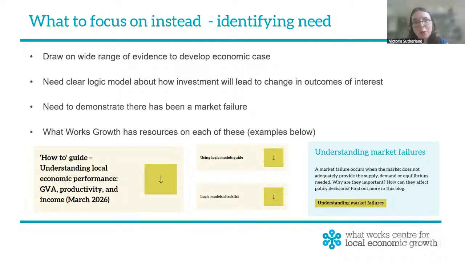And the other thing that you're always going to have to do with public investment is demonstrate that there's been a market failure. A lot of that goes back to our discussion about crowding in and crowding out earlier. You have to demonstrate that you're not crowding out private investment, and in fact that this is something that wouldn't happen if the public sector didn't intervene.